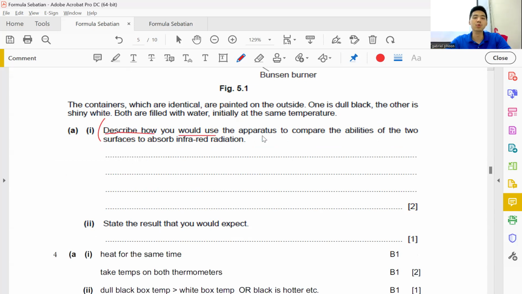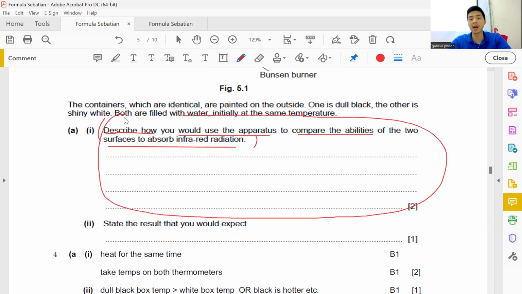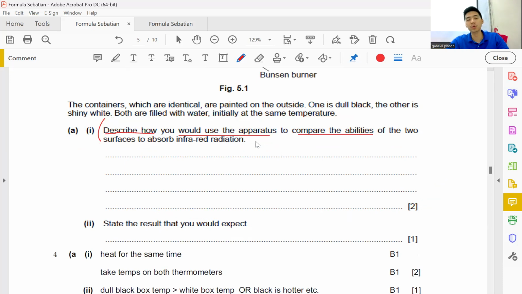Describe how you would use the apparatus to compare the abilities of two surfaces to absorb infrared radiation. You're basically going to write a small step-by-step guide on how you're going to use the apparatus to conduct this experiment. You can write it in point form. They don't discriminate, but just make sure you write the step-by-step.